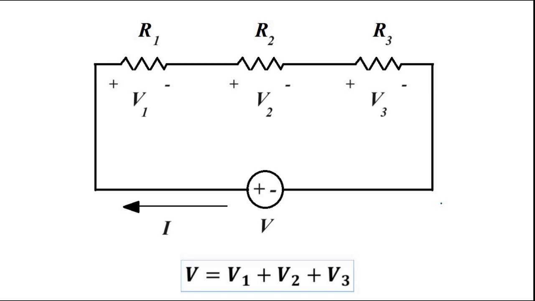So V1 is equal to IR1, V2 is equal to IR2, and V3 is equal to IR3.